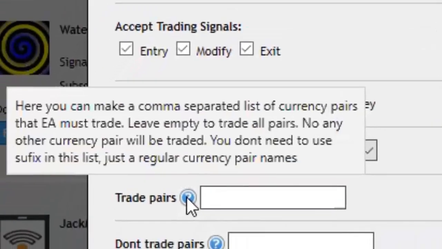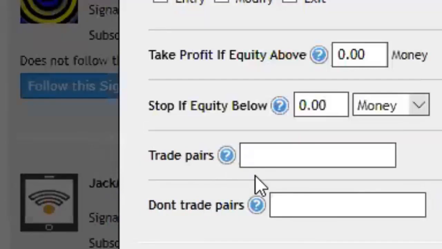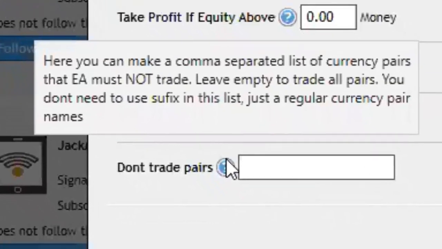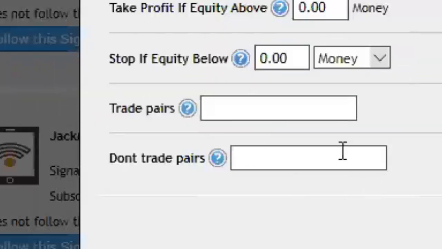You decide on the trade pairs that you would like to copy in, and the trade pairs that you do not wish to copy in, right? So for example, you find that this signal provider always had a higher probability of winning on the XAU pair.